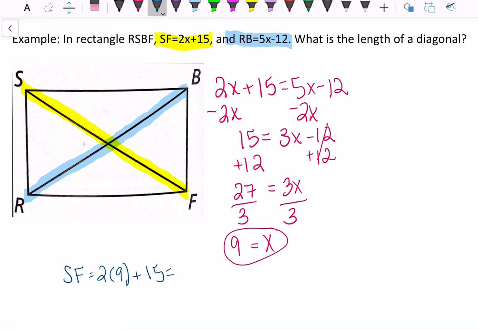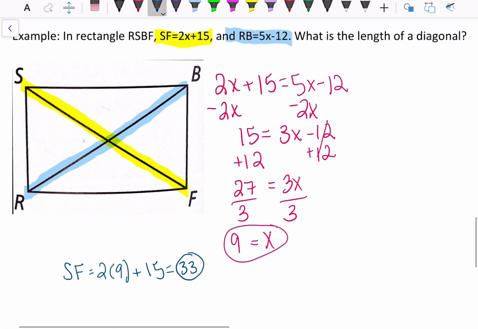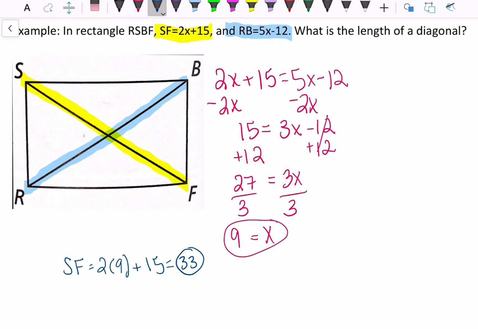So 2 times 9 is 18, plus 15 gives us 33. Now we could stop there, but to check our answer, we could also plug it into RB. And we know that we should get the same answer because our diagonals should be congruent. So RB is 5x minus 12. So 5 times 9 minus 12, which also gives us 33.